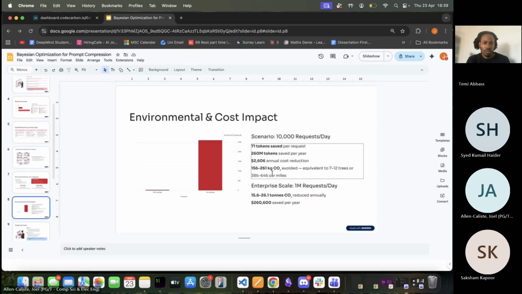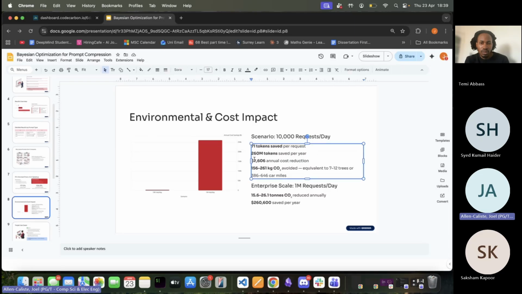The outputs are in dollars because I'm using the OpenAI estimation of how much carbon they're going to produce per prompt. So assuming that we're a medium-sized enterprise making about 10,000 requests per day, we're saving roughly 71 tokens per request, 260 million tokens per year, and that's an annual cost reduction of 2,500.